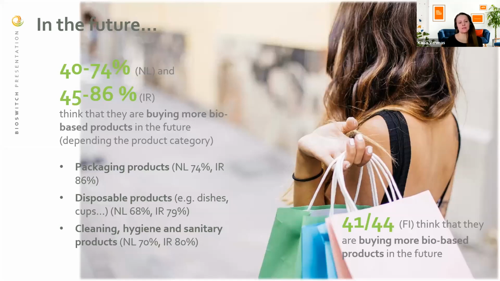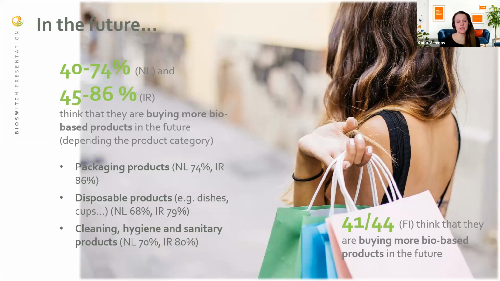This was a very nice result because consumers really emphasized that they are aiming to buy more bio-based products in the future. In the survey we implemented in the Netherlands and Ireland, we also asked in a bit more detail what kind of products they feel they will buy more in the future.